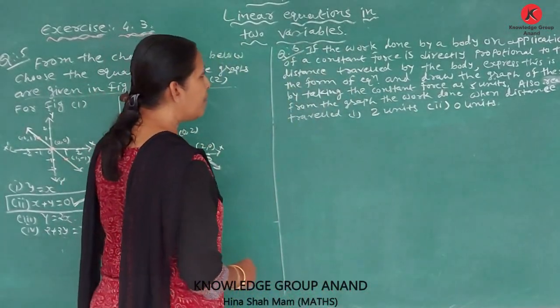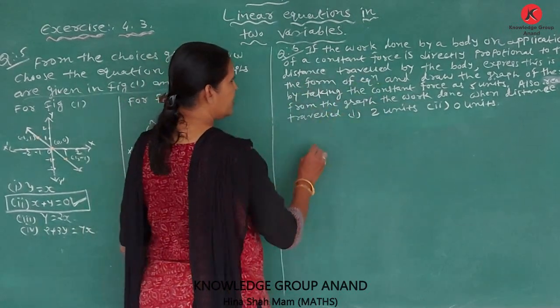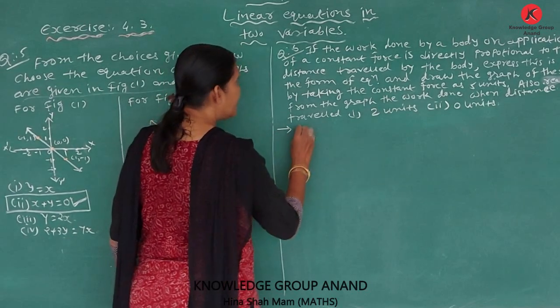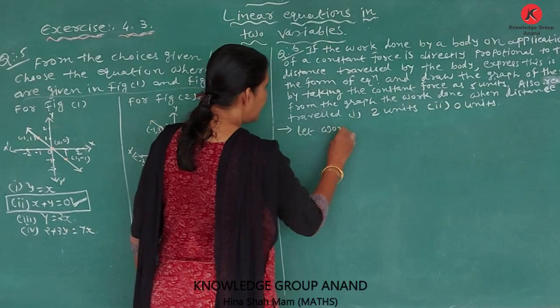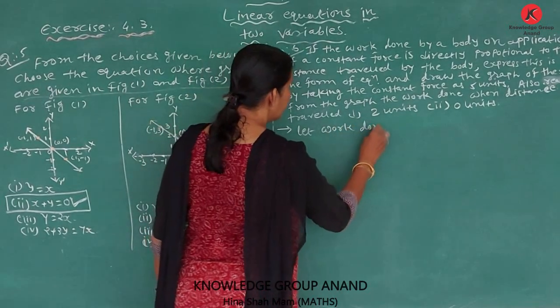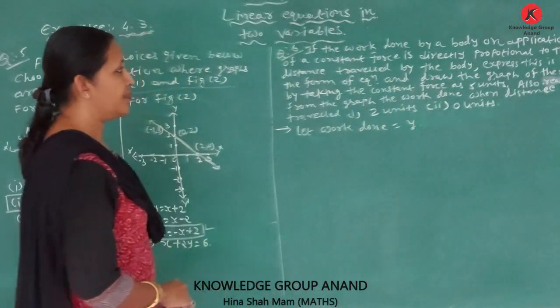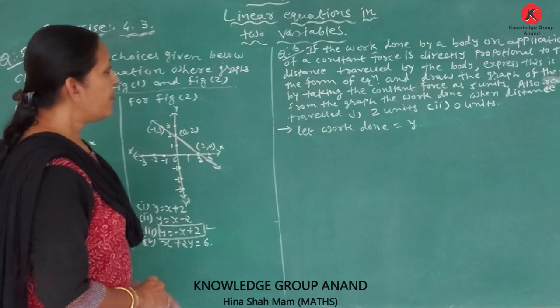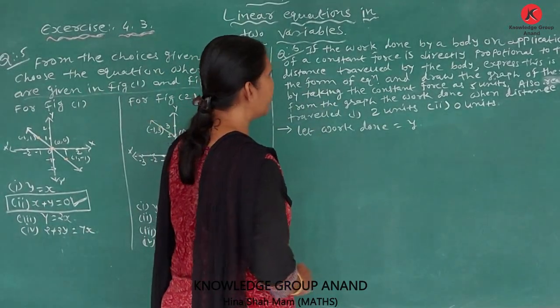If the work done by a body on application of a constant force is equal to x, let work done be y, and the constant force is 5. On application of a constant force, the work done is directly proportional to the distance travelled by the body.